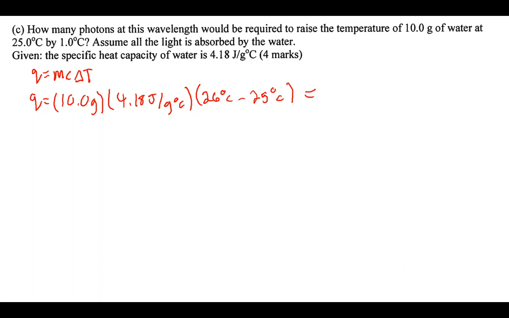And just double checking our units, our degrees Celsius will cancel, our grams will cancel, and we'll be left with something in joules. So punching that into my calculator, I get 41.8 joules.